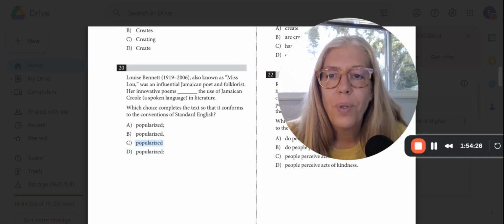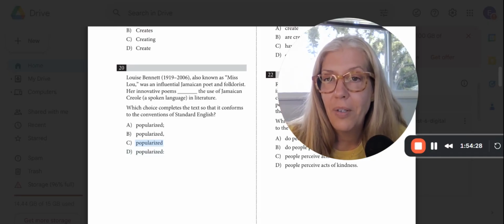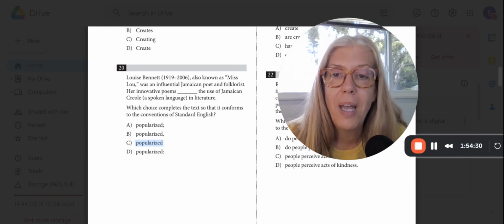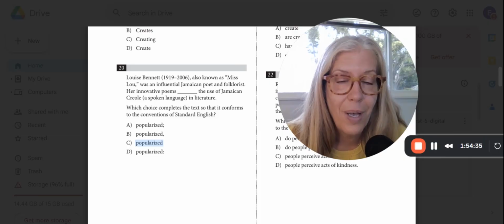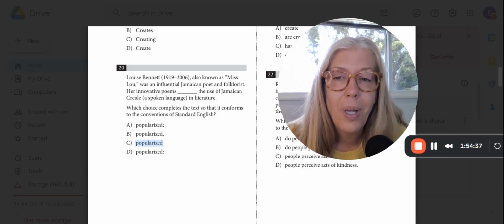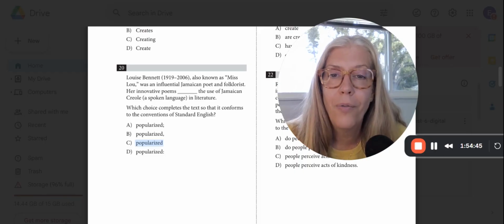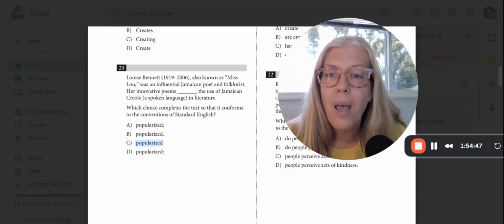Louise Bennett also, that's an appositive, 1916 to 2006 is an appositive. Louise Bennett, also known as Miss Lou, that's an appositive. See the comma? Also known as Miss Lou, because I could read it and say Louise Bennett was an influential Jamaican poet. So we noticed an appositive with commas, was an influential Jamaican poet and folklorist.